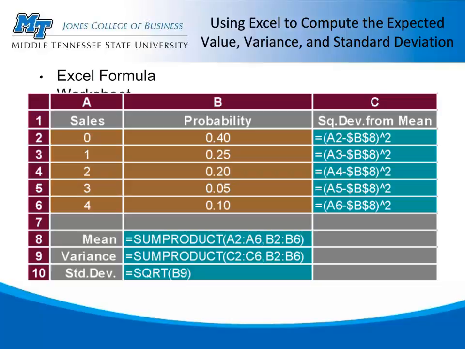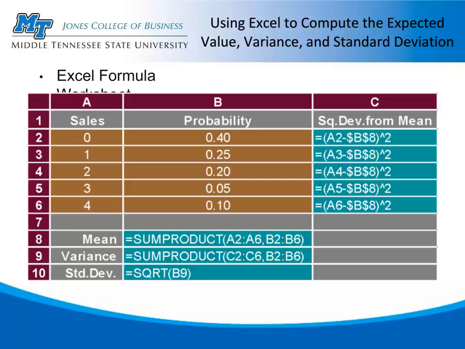So A2 has the value 0, B2 has the value 0.4. Then we can use the sum product function to multiply all the numbers together and sum them up. It's almost perfect for doing this sort of thing.